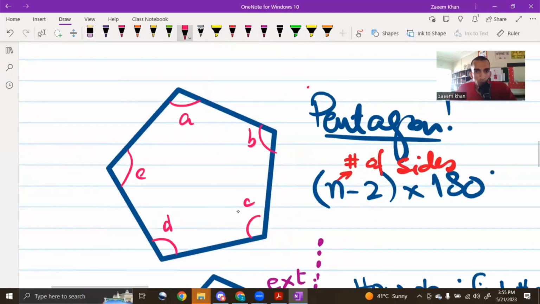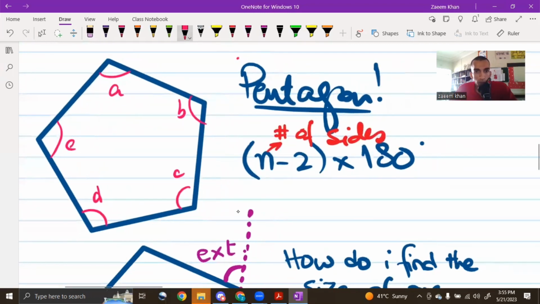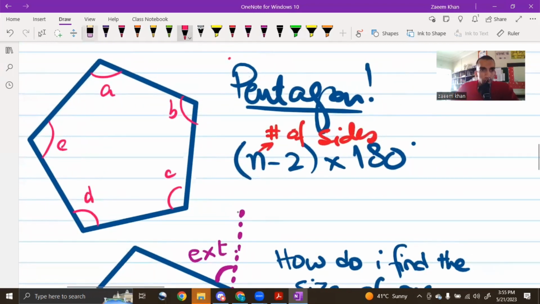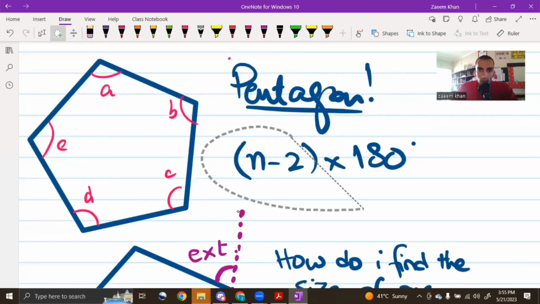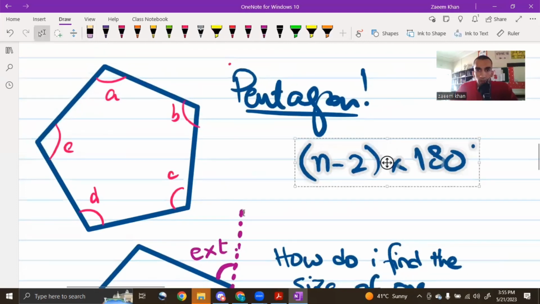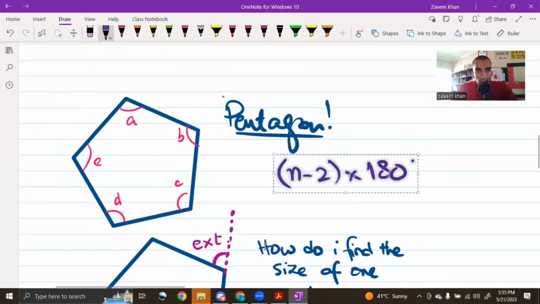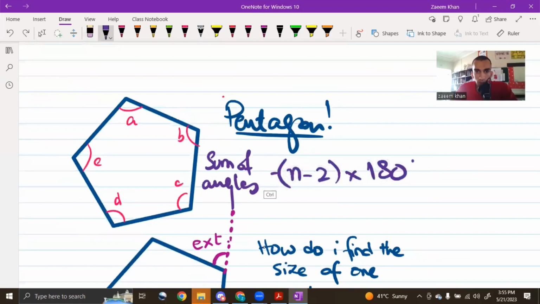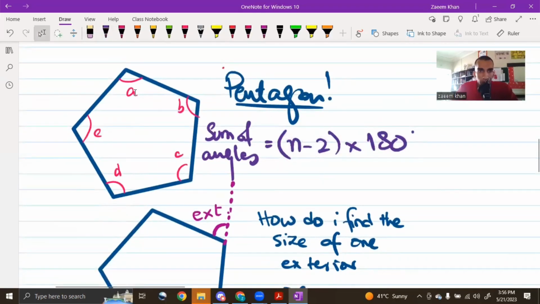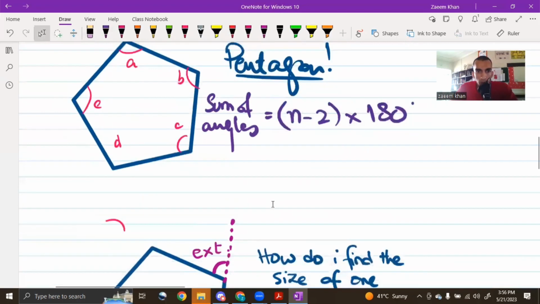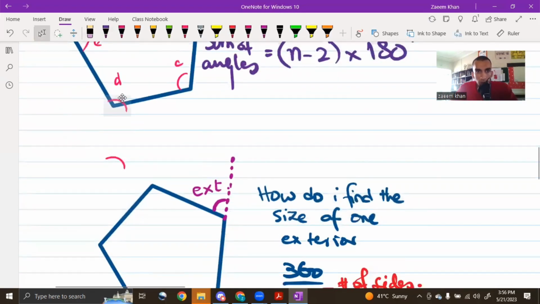The rule for that is, I'll write it down over here: the sum of angles is equal to n minus 2, into 180. Now, what does n refer to? The number of sides.